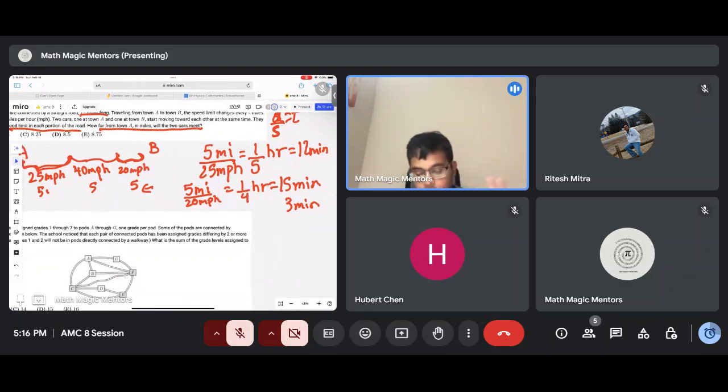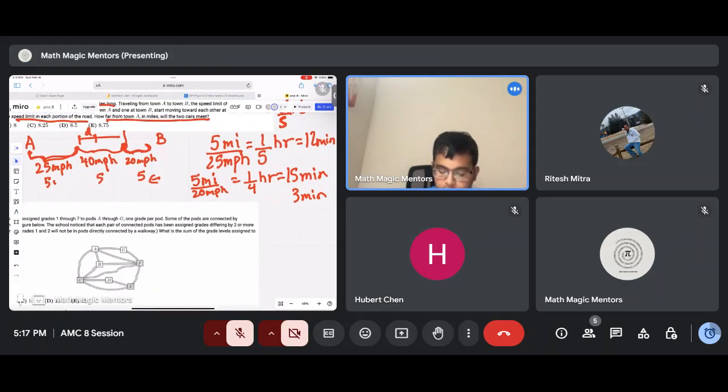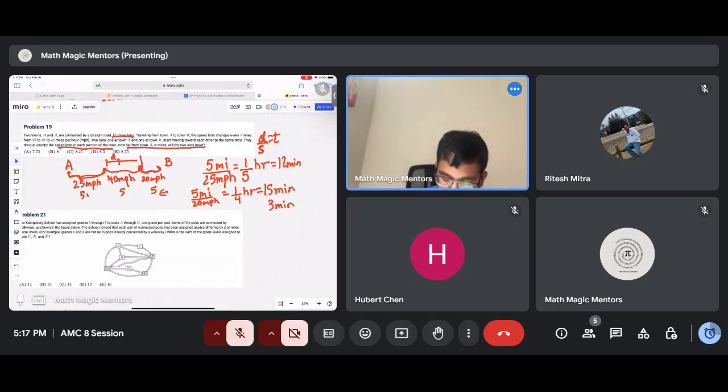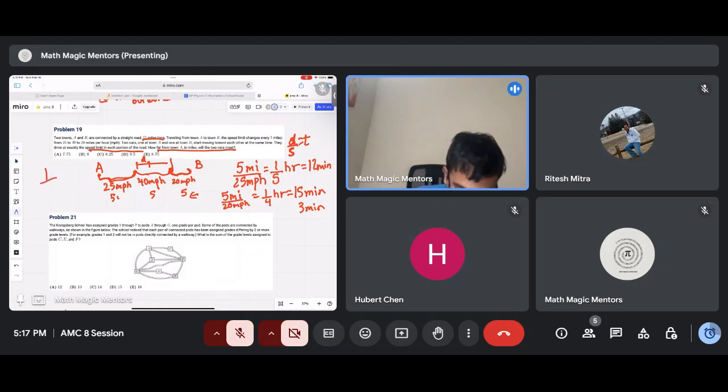So let's find how much distance A has traveled in this part of the route until B reaches there. So B just reaches here, but A has already gone some distance, say D, towards B. So let's find how much. So 3 minutes is going to be 1/20th of an hour, right?